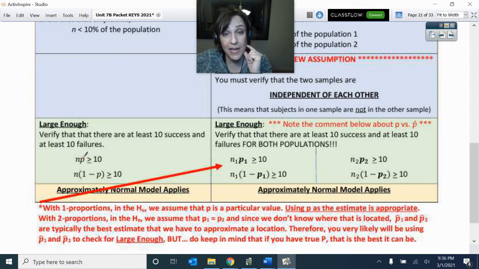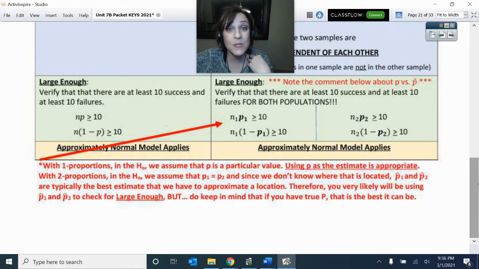But just FYI, frequently we don't have a true p with two populations or two samples, okay? Because what we are generally doing is we get sample results for one proportion and sample results for the other proportion, the other group, and then we're comparing those two sample results to each other. So a lot of times we don't have the true p. But of course, if you did, then you would use that true p because the true p is the best it can be.